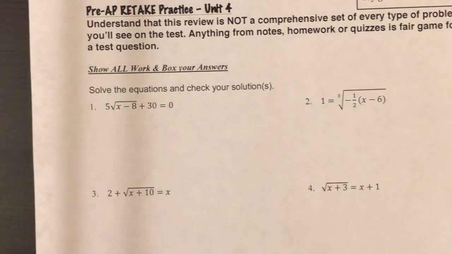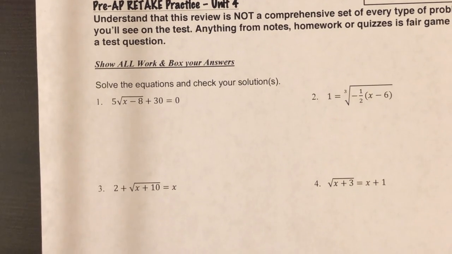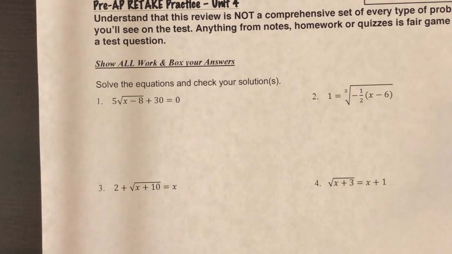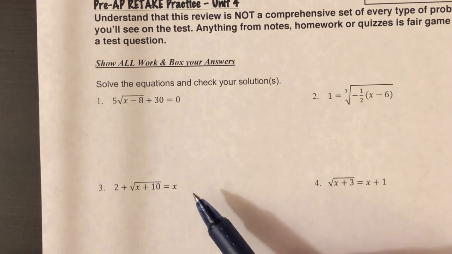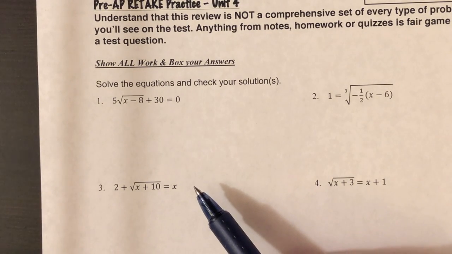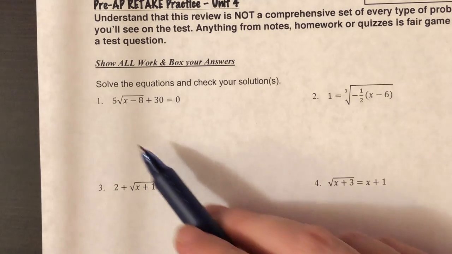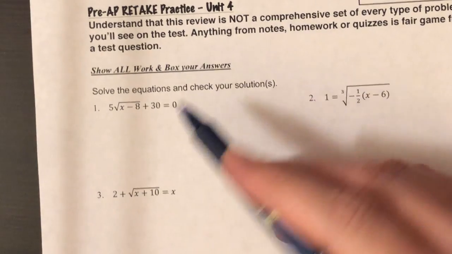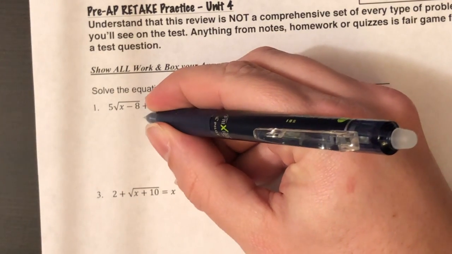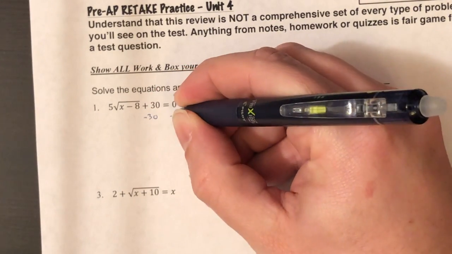Okay, so the first ones that we have are solve the radical equation. So when we're solving these, what we want to do is first isolate the radical. The radical is that root. So to get this alone, I'm going to subtract 30 from both sides.